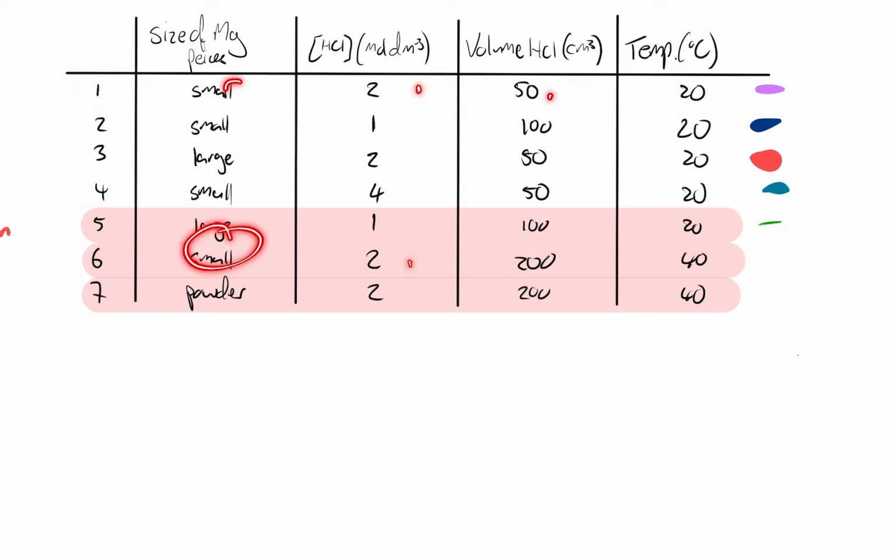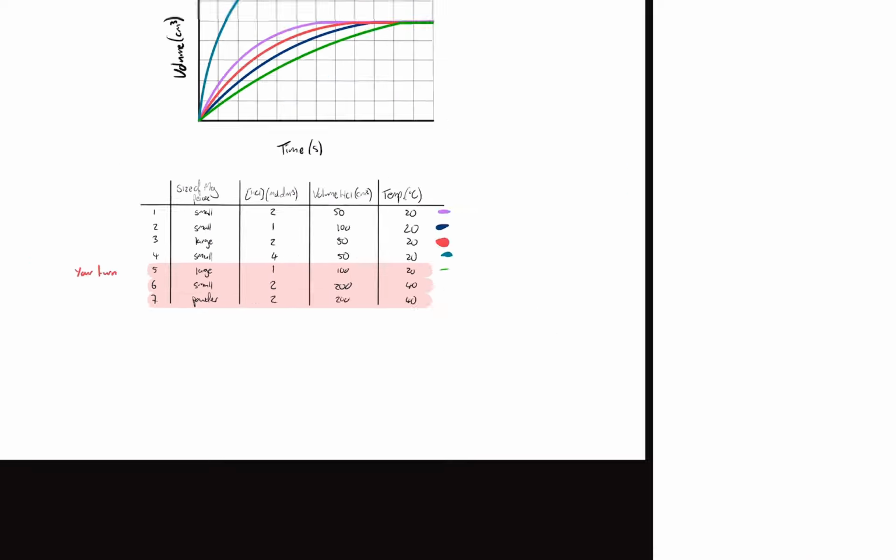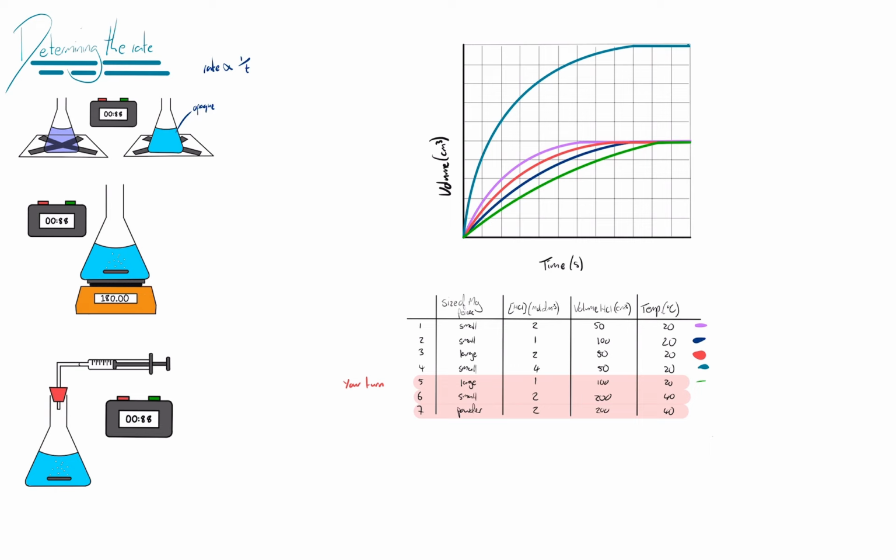Concentration of 2. Volume of 50. Our temperature's increased. So if we think about CNV, there our concentrations stay the same, but our volume has doubled, which means our rate's going to be the same, but our number of moles is going to have doubled compared to 1. We've also got an increase of temperature here. So what we're going to see is this same trend here, more or less.